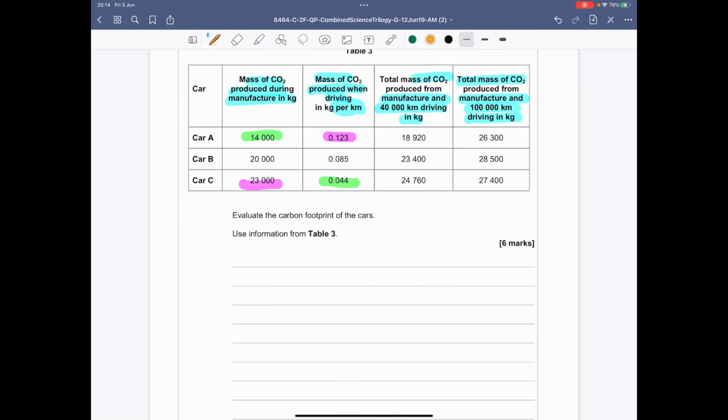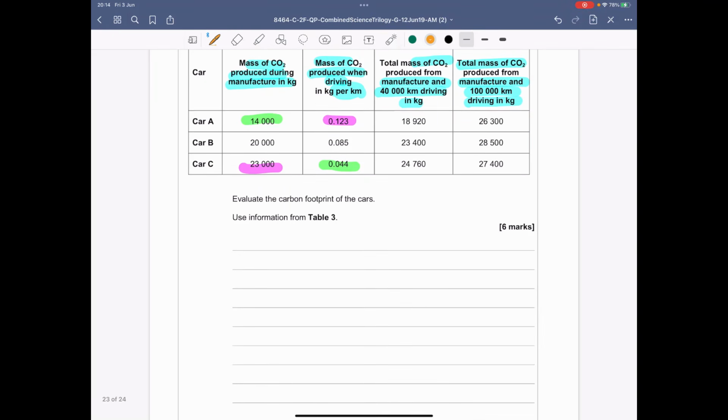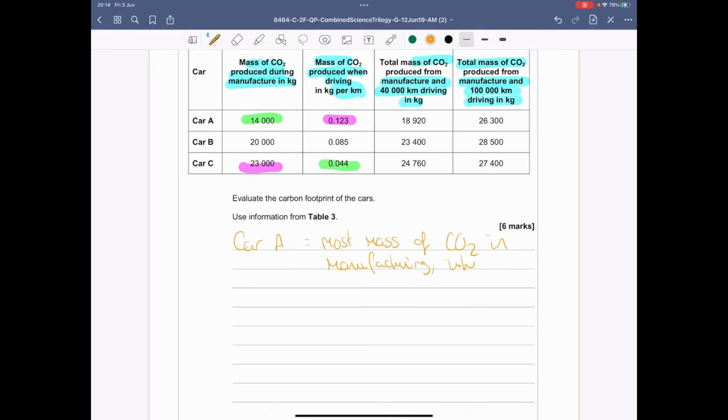So what you could potentially say is start off with one of the cars. Car A has the most mass of CO2 in manufacturing, whereas car C is the least CO2 in manufacturing. Always make sure you put down the obvious mark, never skip it out.